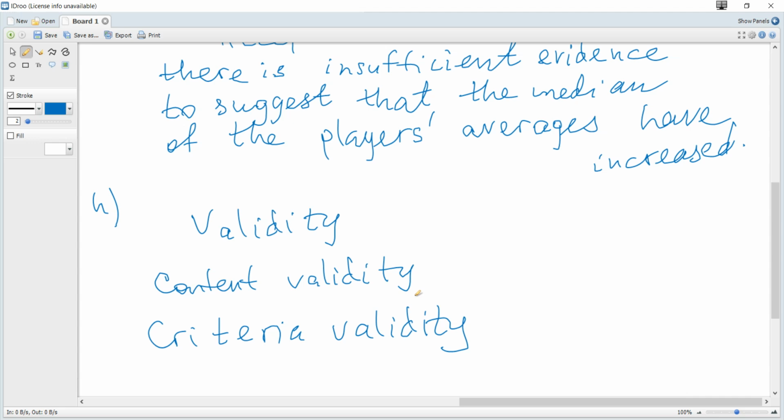And criteria validity is about being predictive, it determines how well one variable predicts a certain outcome. It's for example a mock exam. And eventually, if it's a question about validity, if you don't know what to answer, you may write just content validity or criteria validity.